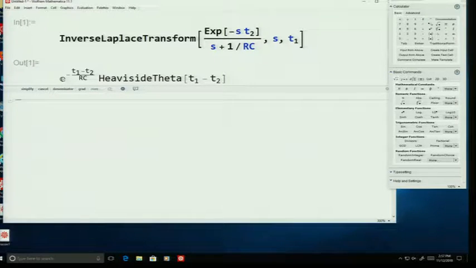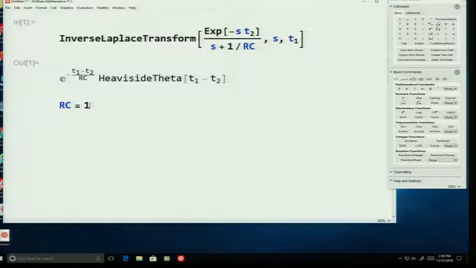It's a unit step. Let's say RC is 1. T1 has to be greater than T2, because Heaviside theta is 0 for T2 greater than T1.